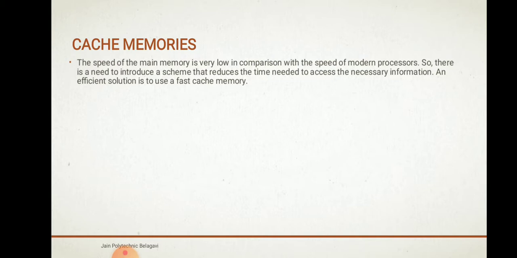Whenever a processor sends a request to the memory, the main memory is very large, so it takes a lot of time to search whether the data is present in the memory or not. So there should be a scheme which will reduce the time for the communication between the processor and the memory. An efficient solution is to use a faster cache memory.